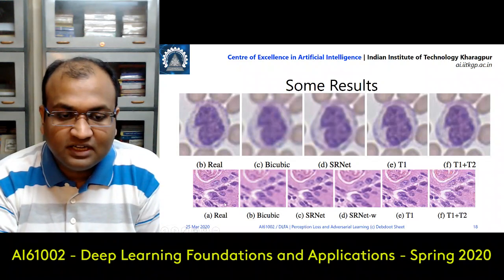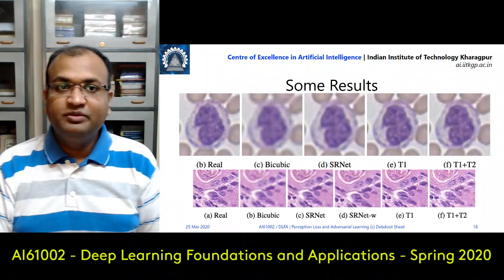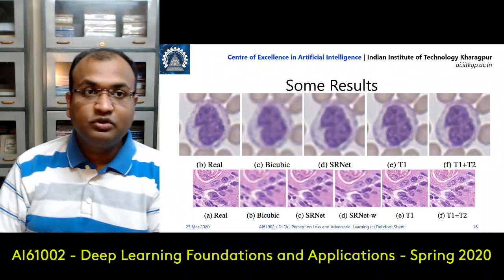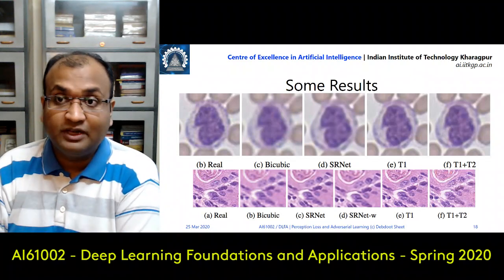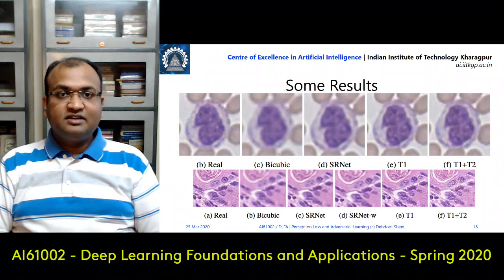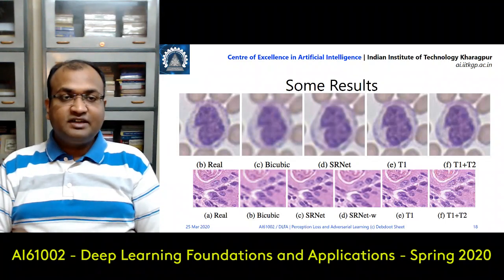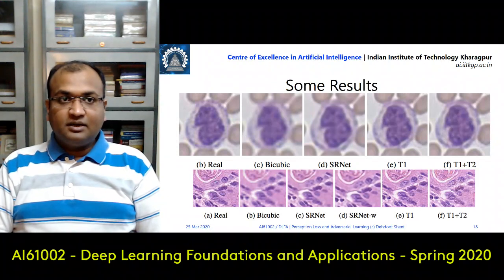Similarly, the top row is where you look into blood smears or WBCs. The bottom row is when you look into lymph node biopsies, and this is a different organ. Because it's a different organ and a different set of images from a different microscope, your alpha and beta values during training are also very different over here.